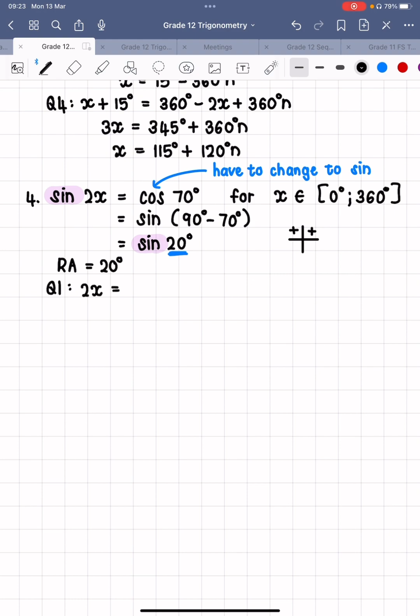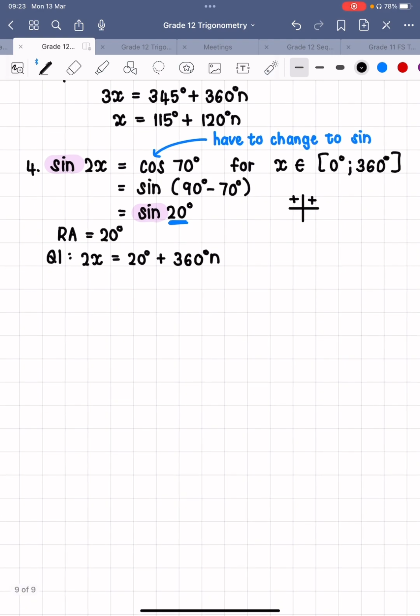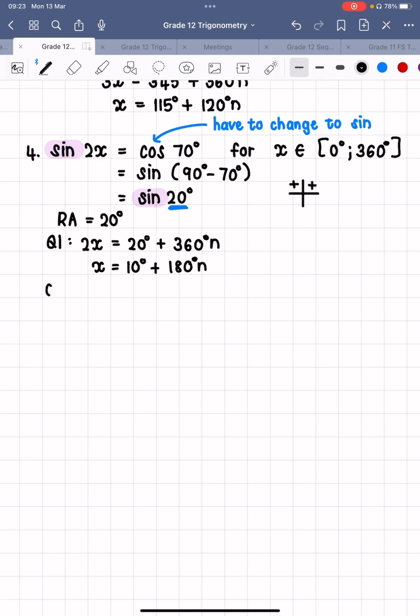So that is equal to the reference angle 20 plus 360n. And now to get x on its own, I need to divide by 2. So 10 plus 180n.